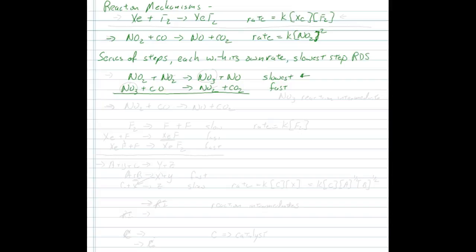if you make something and then it's used up, that's called the intermediate, or reaction intermediate. So in this case, NO3 is the reaction intermediate.